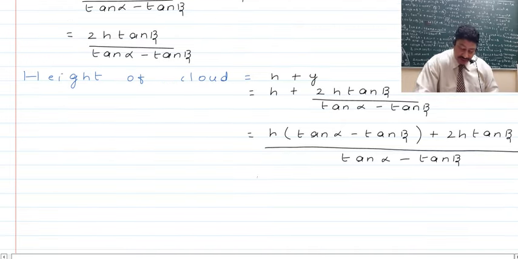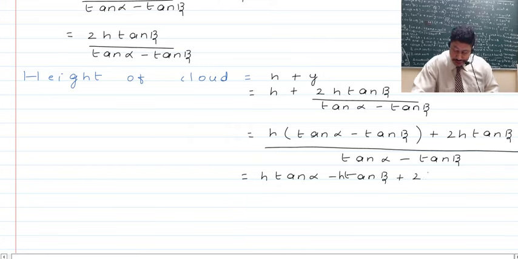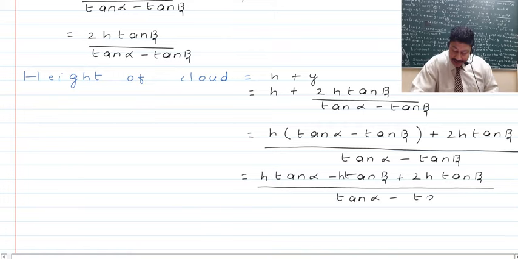Now for the children, here we have some simplification which we can do, that is we have h tan alpha minus h tan beta plus 2h tan beta, right, which is now going to be divided by tan alpha minus tan beta.